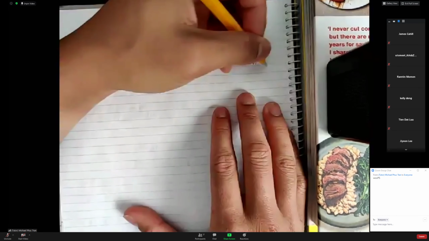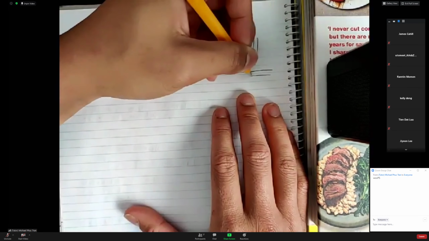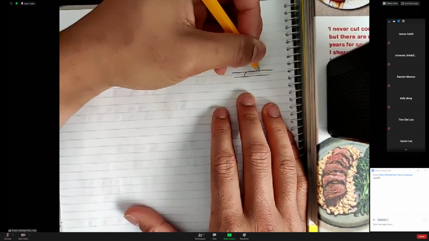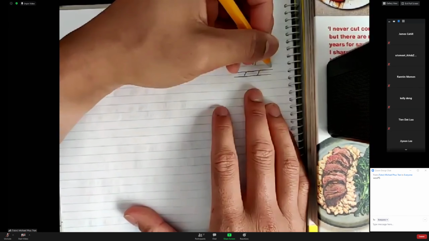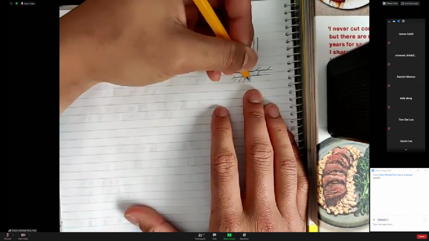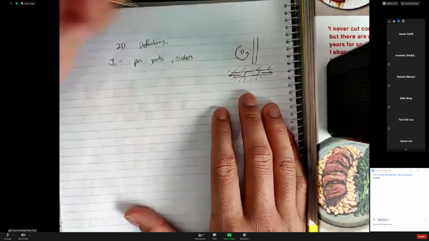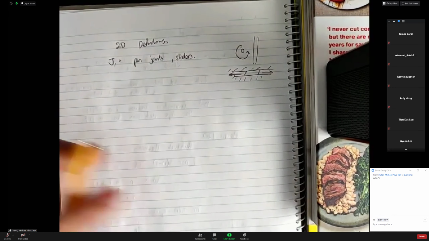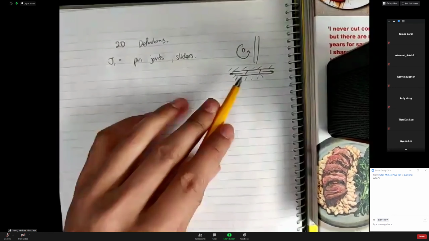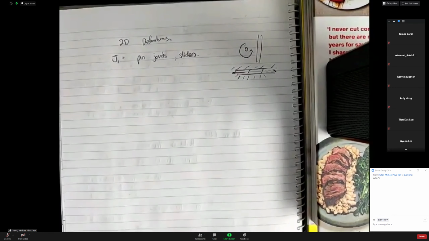Or your slider, for example, could be this. And it's a fixed translation, left and right. So that is 1 degree of freedom. That is counted as a joint, right?